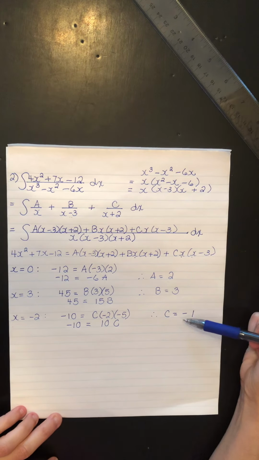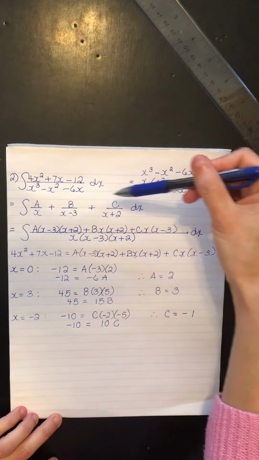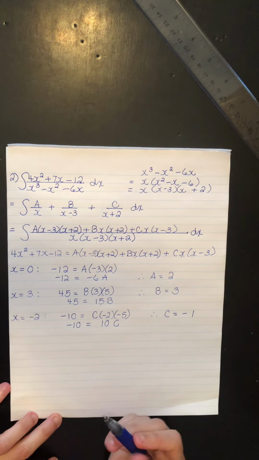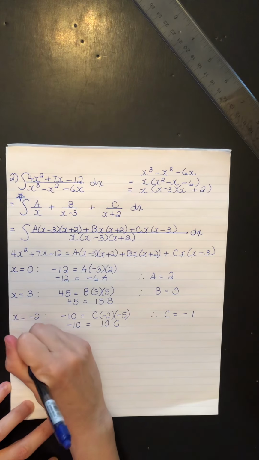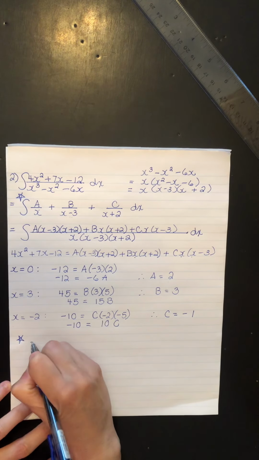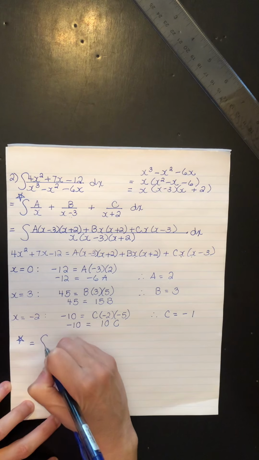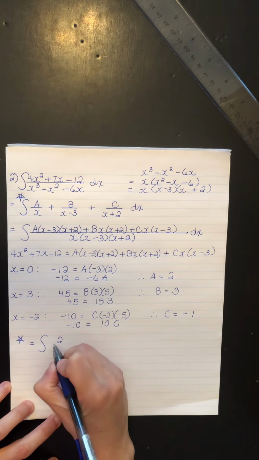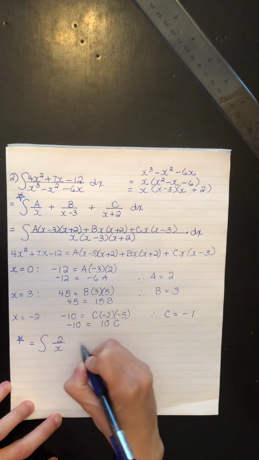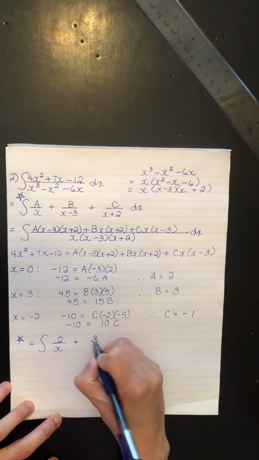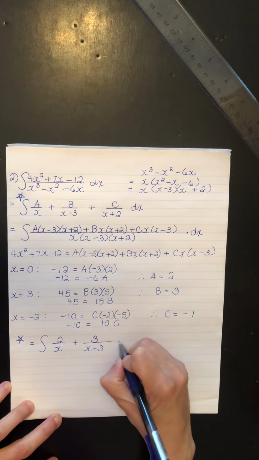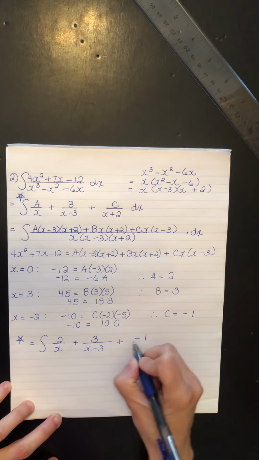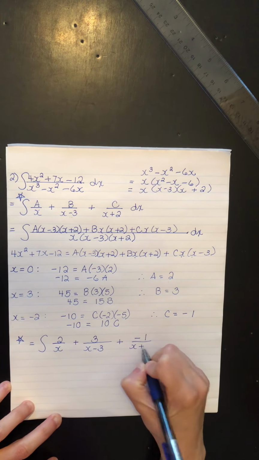Now we have these values. They will form our numerators. So we go back up here and substitute those values. So we will have 2 over x and 3 over x minus 3, and finally -1 over x plus 2.